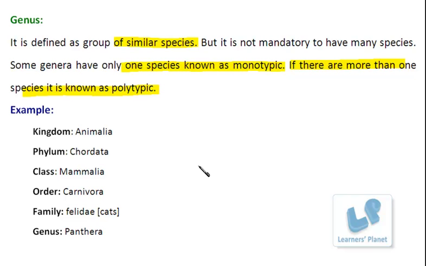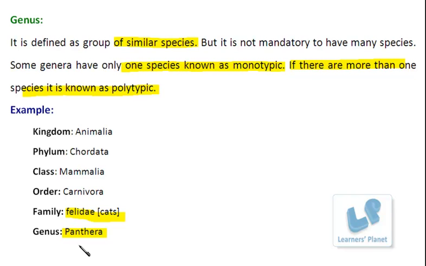Fine. In this example, as I said, Felidae is a family, and in that case, one of the genera is Panthera. Now, Panthera, which organisms come in this group? Like leopard or the tiger, and so on, right? So these tigers or these domestic cats, all these are going to be the species.